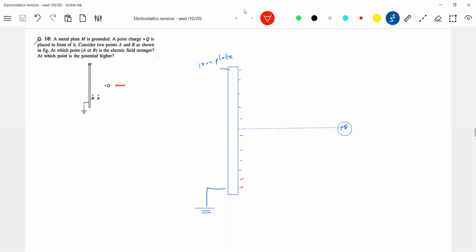Okay, now how should the lines of force be? You show them like this. They should not intersect. I'll show only a few.